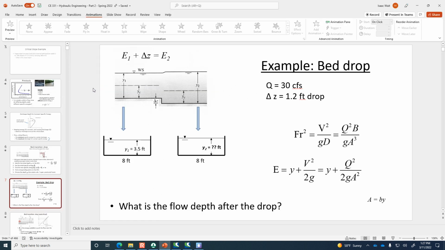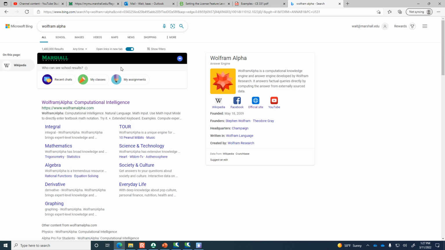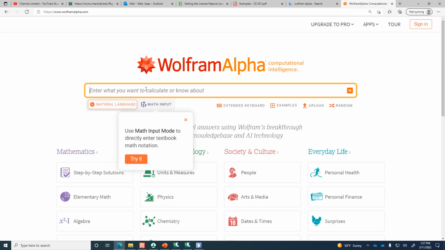Okay, you can see that I've written on the board, it's Y2 cubed minus 4.7178 Y2 squared plus 0.21836 is equal to 0. So let me go to the Wolfram Alpha thing and graph that. And we'll find the roots.